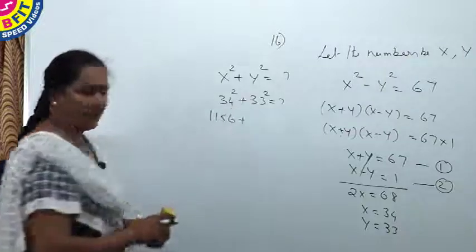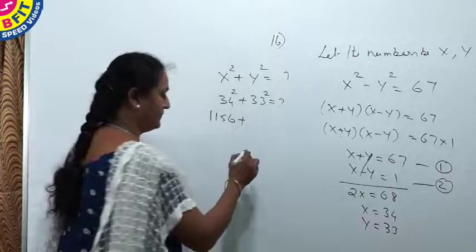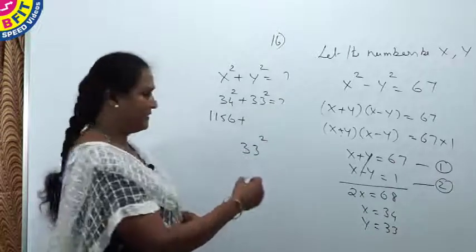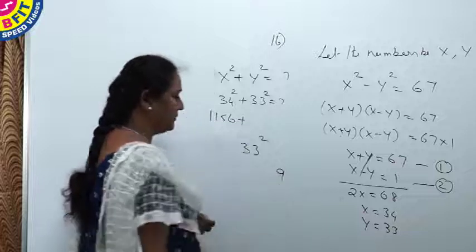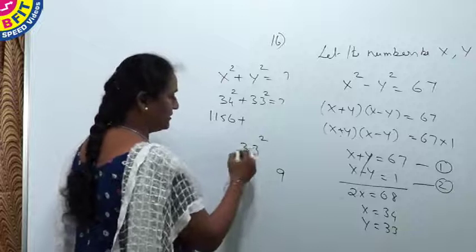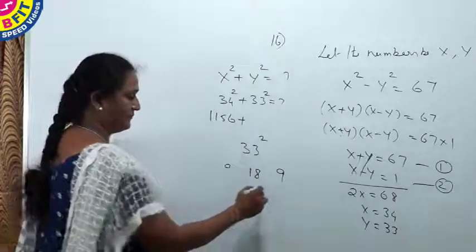In the same way, we can find the square of 33. So b square, b here is 3, so square of b, now 2ab. So 2 into 3 is 6, 6 into 3 is 18, and now 3 square again is 9.